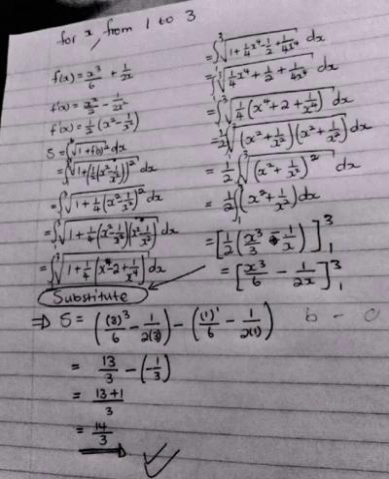So now we substitute whatever we got from the derivative. It's going to be 1 plus your derived function, which is 1 over 2 into x squared minus 1 over x squared, then we square everything. From there the next step is the integration.